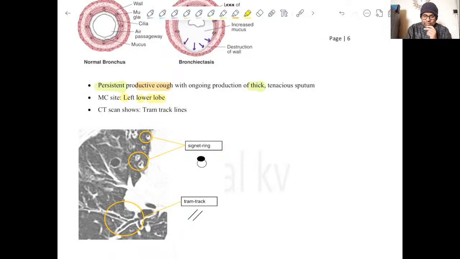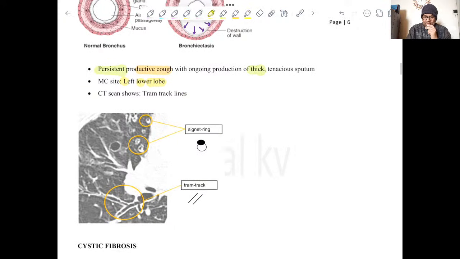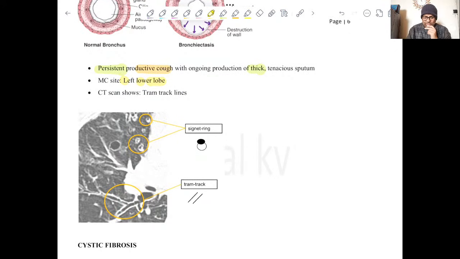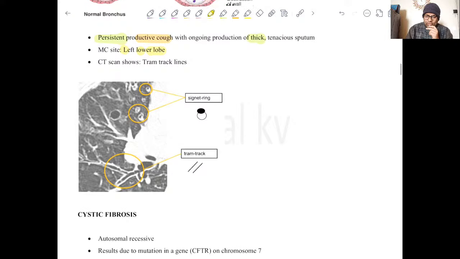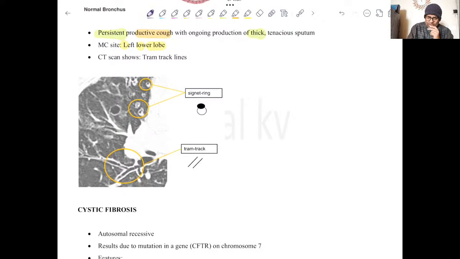Now what is more important from the medicine point of view is the imaging appearances. So here I would request all of you students to remember just 2 things. Number 1 is the tram track appearance, which is also known as railroad appearance. So this is the classical tram track appearance, just like a railway track, right?